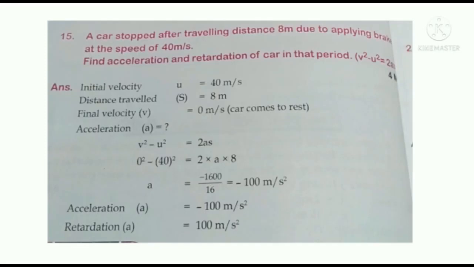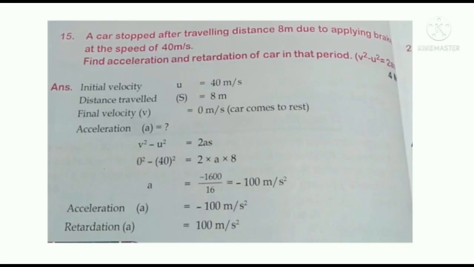Then 0 square minus 40 square is equal to 2 into a into 8. So a is equal to minus 1600 by 16.